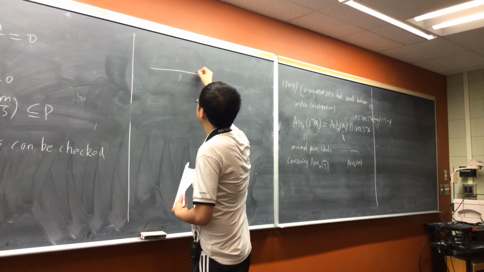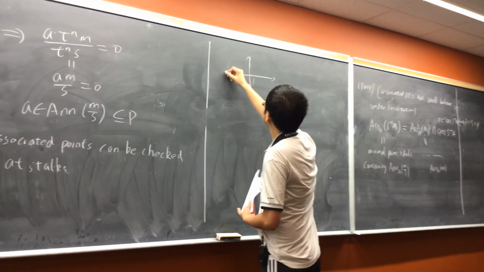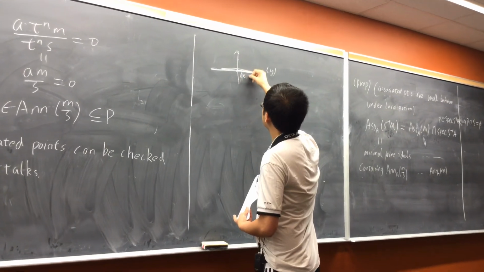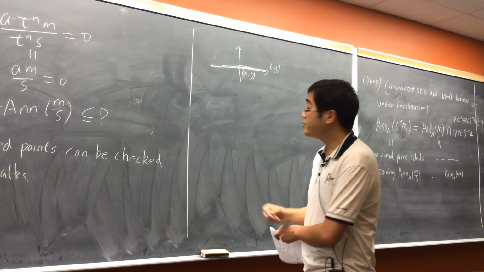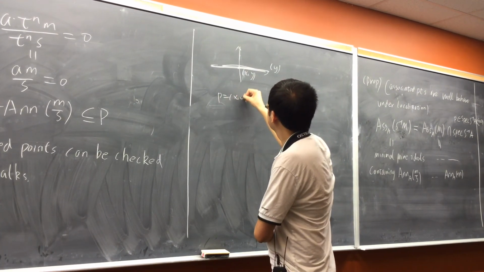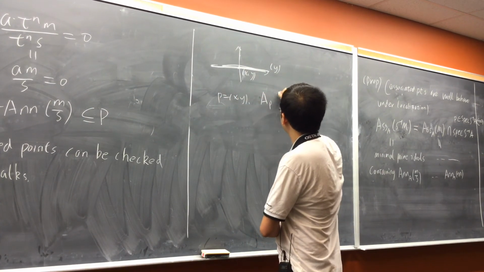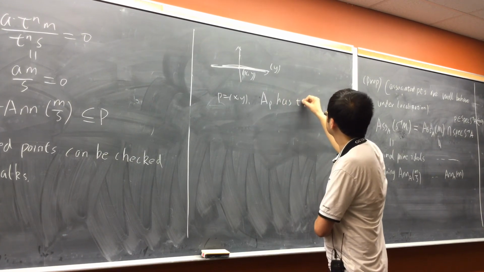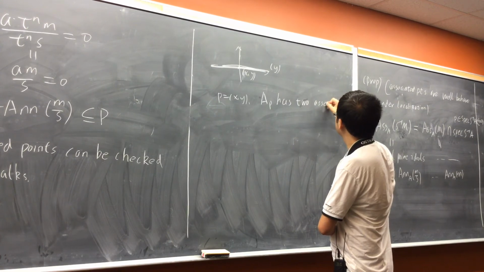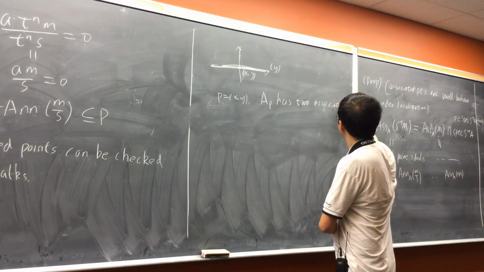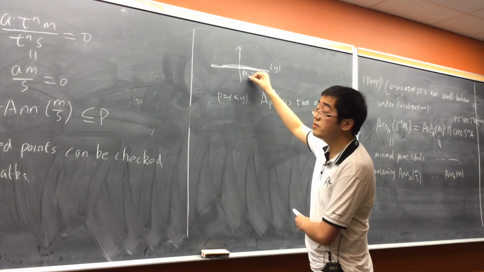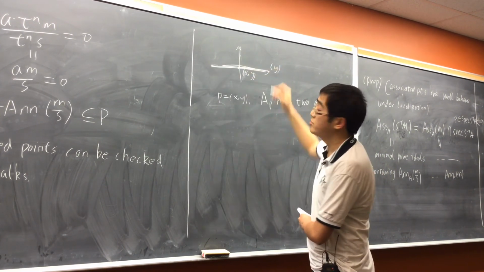If you look at the example we're using, remember this is the associated point y, and this is the associated point sy. If you look at the stalk here, the stalk here has two associated points, and one of them corresponds to this associated point, and the other one would correspond to that associated point.